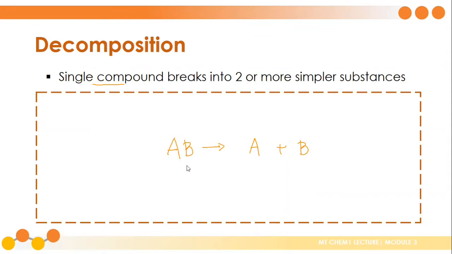We have here a compound that will break into two or more simpler substances, which is A and B. In this one, the reactant is always a compound. Remember, in the decomposition reaction the compound is always the reactant, opposite of the combination reaction, wherein the product is always the compound. In this one, it's always the reactant. Let's take a look at our examples.